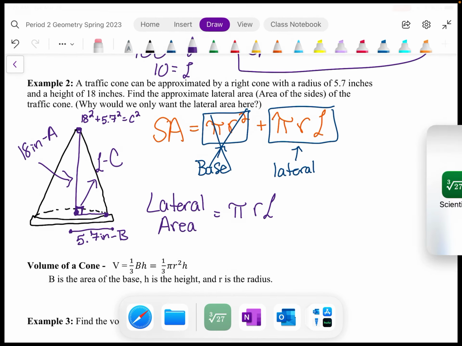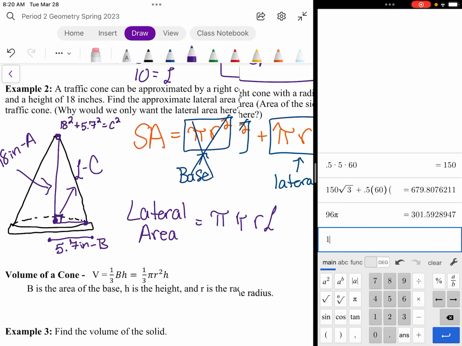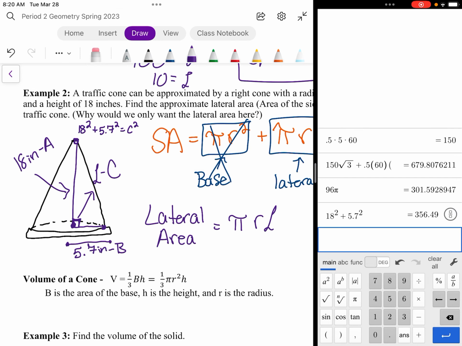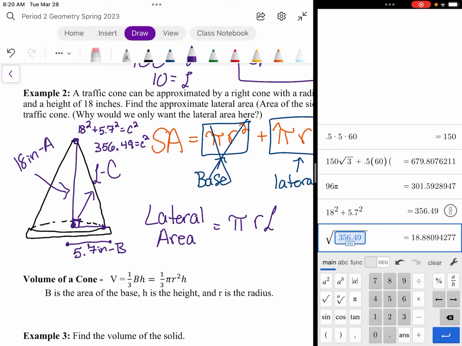So let me just grab my calculator so we can type this in. 18 squared plus 5.7 squared. So that's going to give us 356.49 equals C squared. And if we were to take the square root of that, it gives us a decimal.